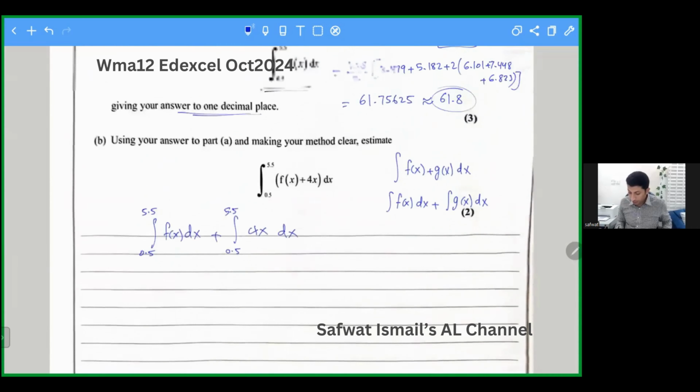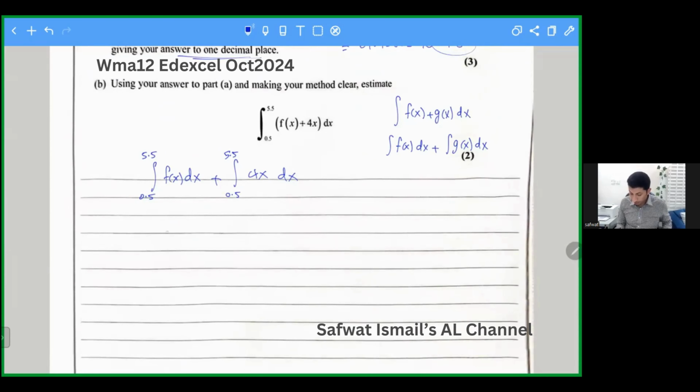Now, the first part is already 61.8. And all we have to do here is to integrate 4x and then use the boundaries 5.5 and 0.5. So to integrate 4x, we use the rule x to the power of n plus 1 divided by n plus 1. And we have the boundaries a to b. Then substitute b, minus, and we substitute a. So if we integrate 4x, it will be 4x squared divided by 2.